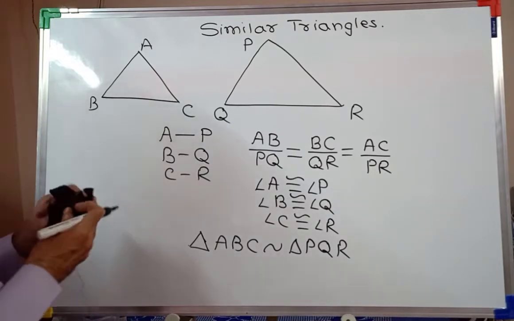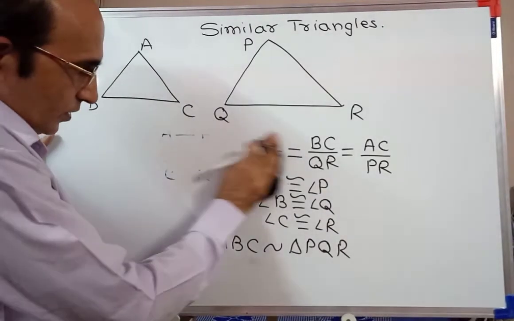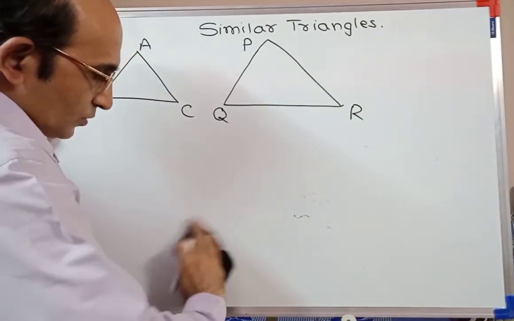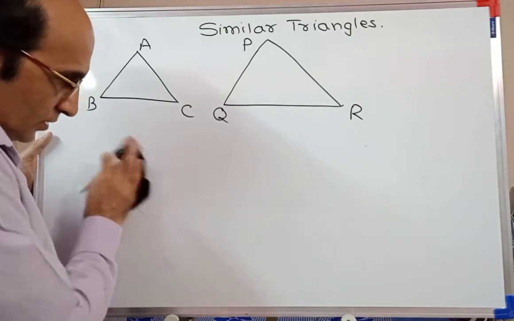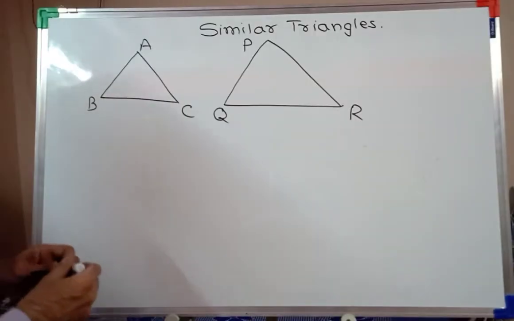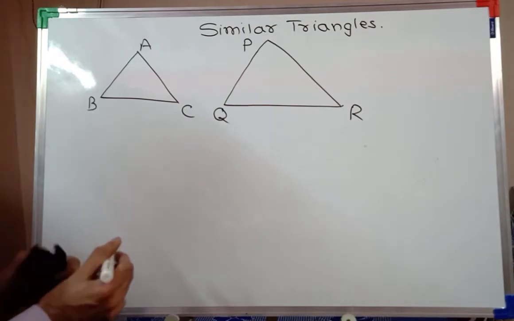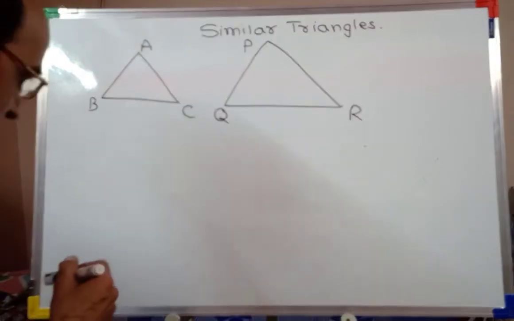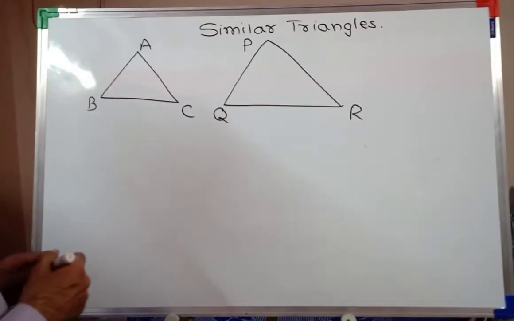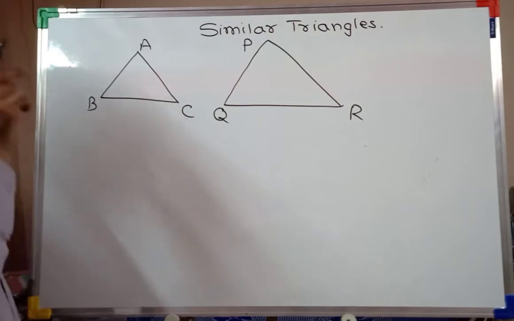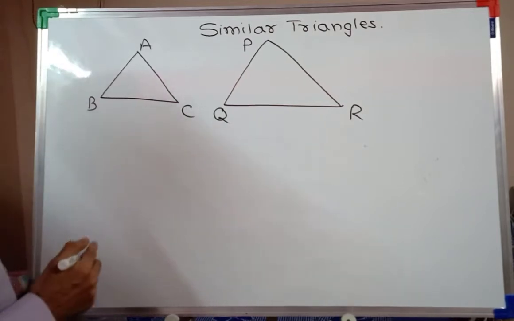Now we see the tests for similarity of two triangles. Just like for congruent triangles we have 4 plus 1, 5 tests: 4 tests for any two triangles and 1 test for only right angle triangles. Similarly, for similar triangles we have some tests.